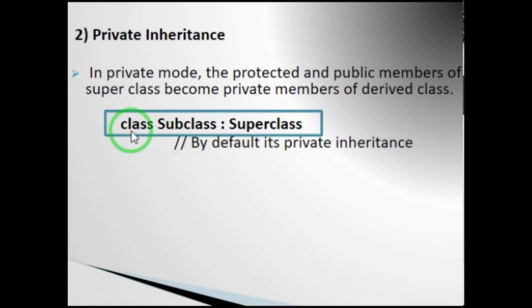It means if I declare a derived class with the class keyword, subclass, colon, and I do not include any visibility mode, this is the default, and in C++ the default visibility mode in inheritance is private. Suppose I declare my derived class in this manner, then it is by default private mode, and the protected and public members of a superclass become private members of the derived class.